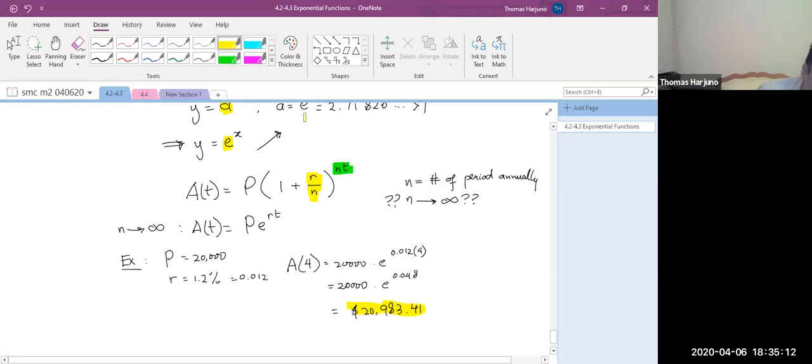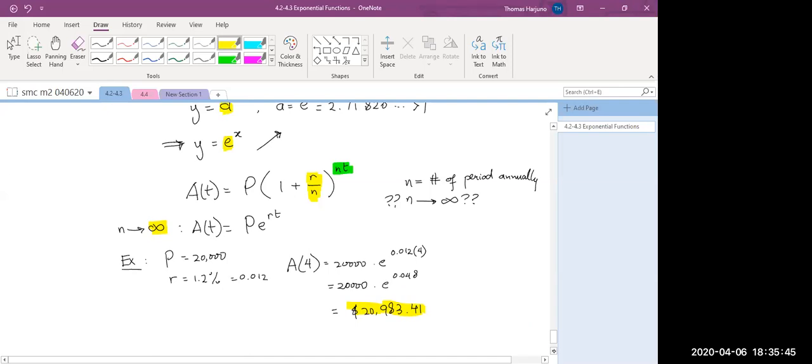Basically, if the number of periods annually becomes a very, very big number, it doesn't have to be exactly infinity, as long as it's big enough, then you can already use this formula here. Of course, theoretically, they're supposed to say compounding continuously. But even if we say we compound it hourly, you will see the number is actually very close to this. Okay.